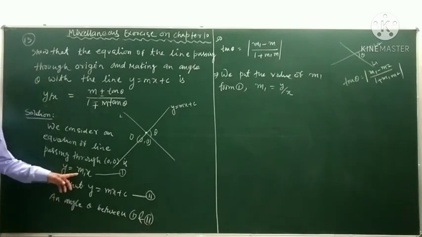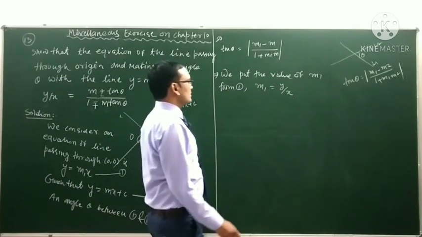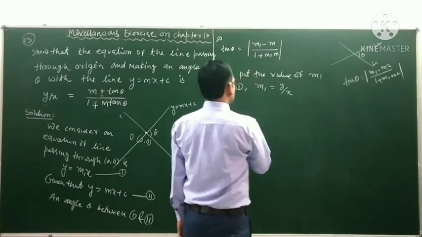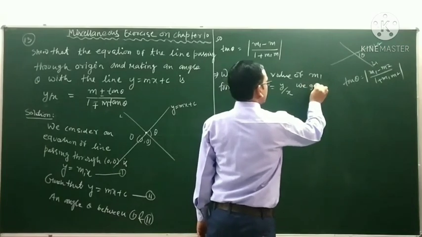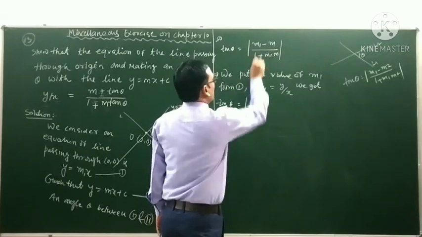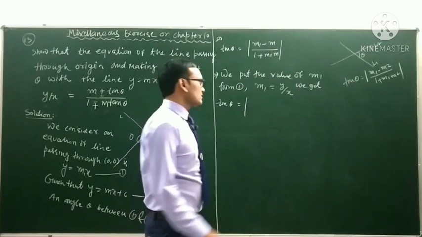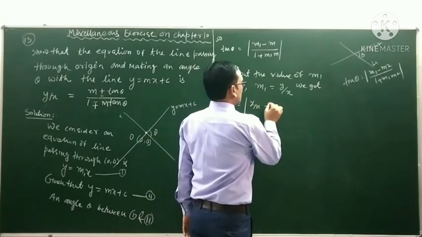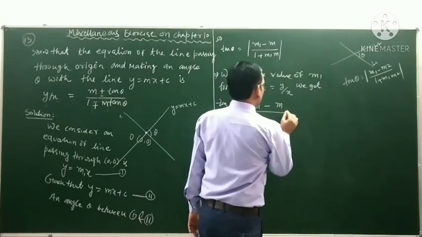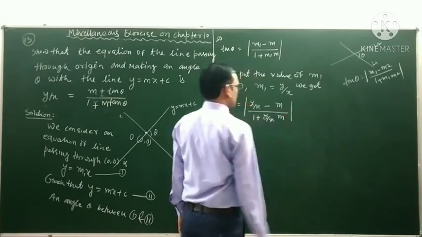We get tan theta equal to mod of y by x minus m upon 1 plus y by x into m.